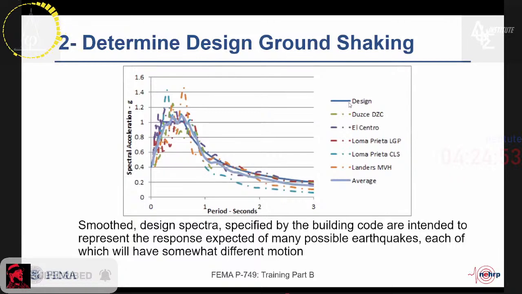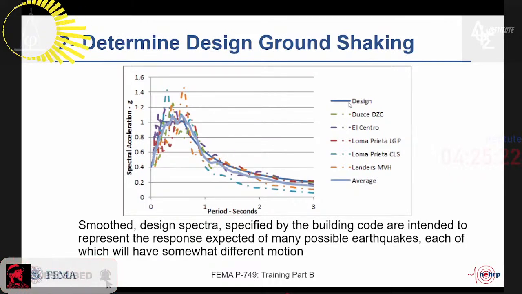Earthquake response spectra, whether they are design level spectra or maximum considered earthquake spectra, are going to be different for every earthquake and at every site. However, they do tend to have similar characteristics depending on what the nature of the site is and its distance from the fault creating earthquakes. This makes it possible to draw what we call smooth design spectra.